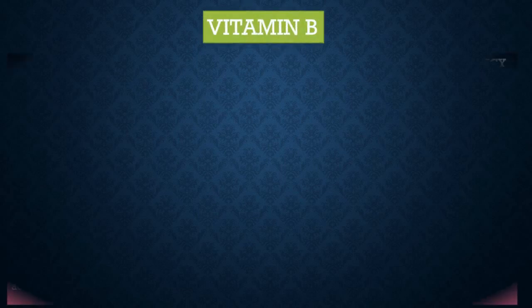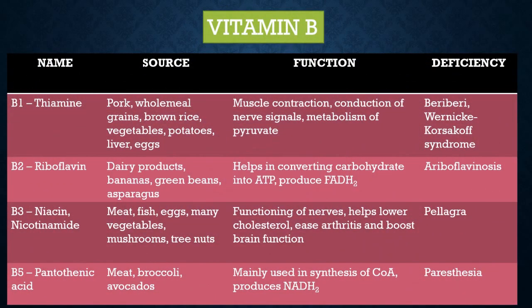Unlike other vitamins, vitamin B is available in various forms. We'll see them one by one. The first one is vitamin B1, which is otherwise called thiamine. The sources of vitamin B1 are pork, wholemeal grains, brown rice, vegetables, potatoes, livers and eggs. They are responsible for the functioning of muscle contraction, conducting nerve signals and metabolism of pyruvate.